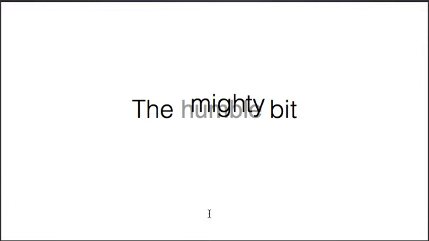Okay, so we're going to start this module looking at the mighty bit. You may have heard that in computer systems, all of the information is stored in bits, and a bit can have one of two states.